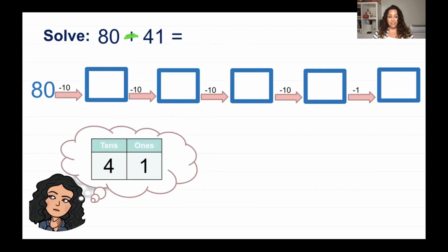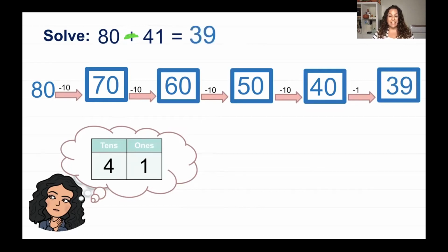So I have 80, and then 10 less than 80 is 70. And then if I take away 10, 60, 50, 40. And then again, we're gonna think 1 less than 40 is 39. So that means that 80 take away 41 equals 39.